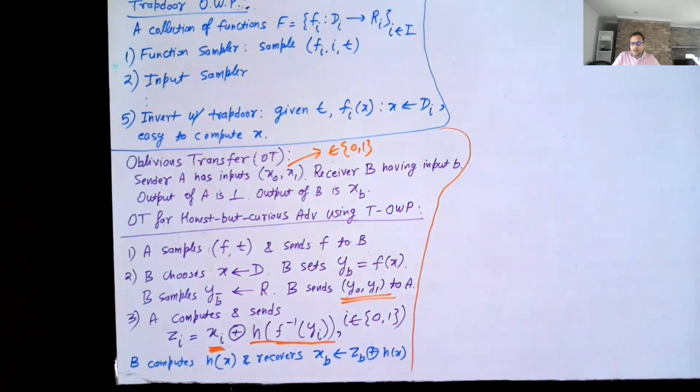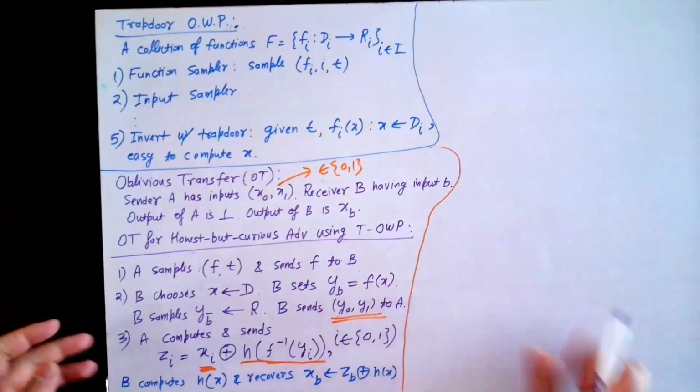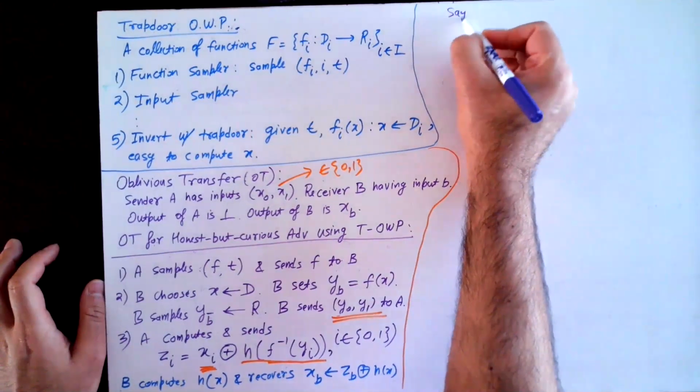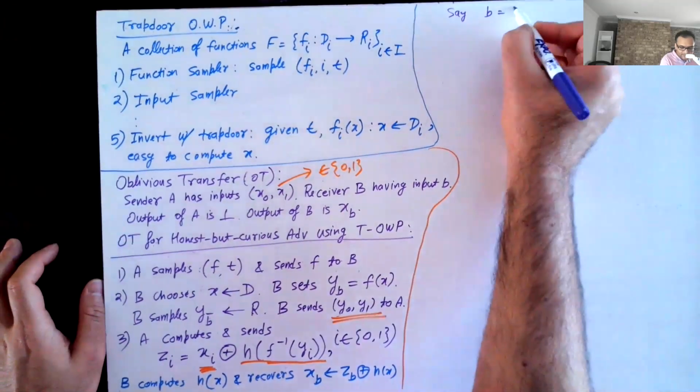So the point is, okay, let me give some more explanation here. So maybe let's take an example. Say b was equal to 0.